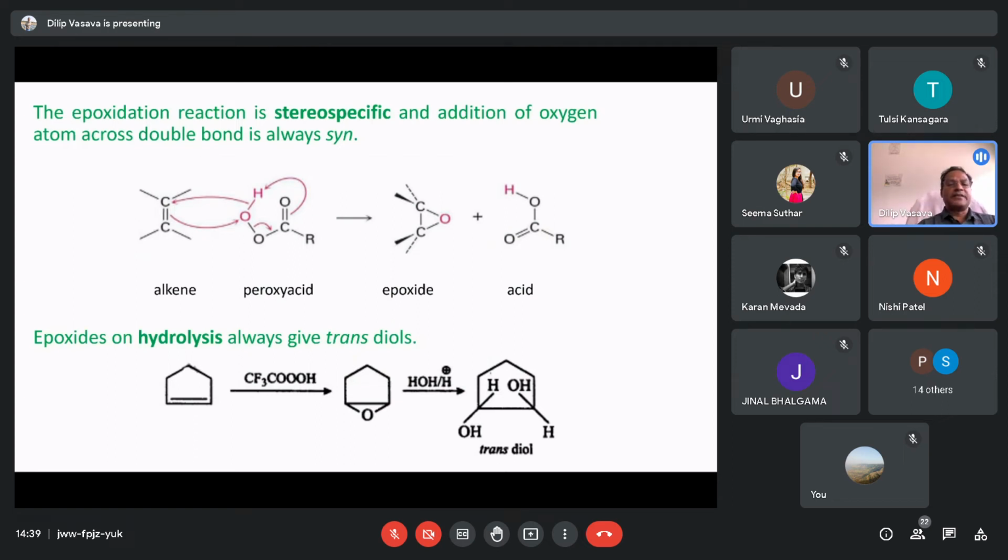It is stereospecific, and the addition of the oxygen atom across the double bond is always syn addition. That is why we are getting the syn product in the oxidation.